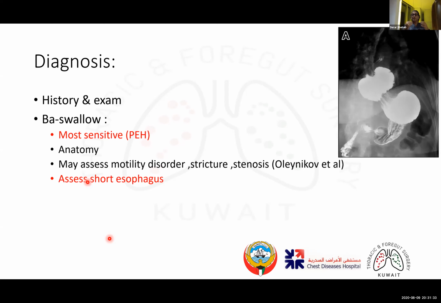It gives you a lot of information like the size of the hernia, the size of the hiatus, and to some extent you may assess whether the esophagus is short or not, and we'll explain that down the road.